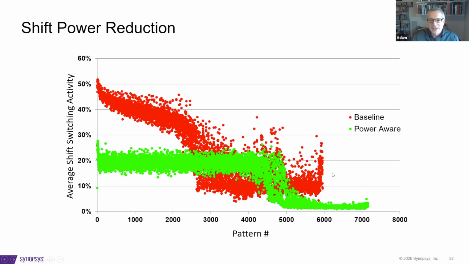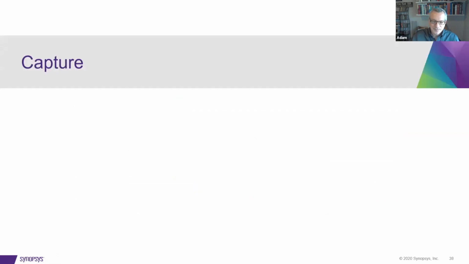But like I said, you're paying a penalty. You don't get something for nothing. So typically in these kinds of techniques, you end up with a longer test. But on the other hand, yield is good too, as was mentioned in one of the earlier presentations.